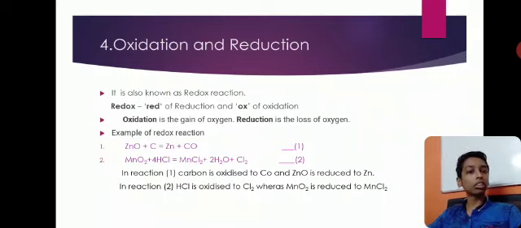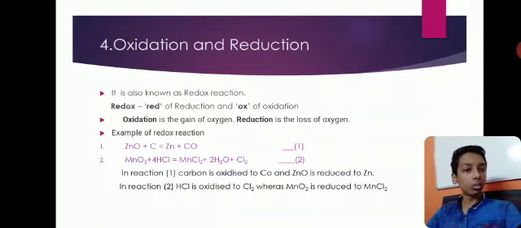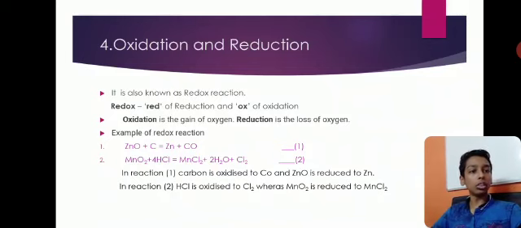An example of a redox reaction is ZnO plus C gives you Zn plus CO. In this reaction, carbon is oxidized to form CO and ZnO is reduced to Zn. In the second, MnO2 plus 4HCl gives you MnCl2 plus 2H2O plus Cl2. In this reaction, HCl is oxidized to Cl2, whereas MnO2 is reduced to MnCl2.